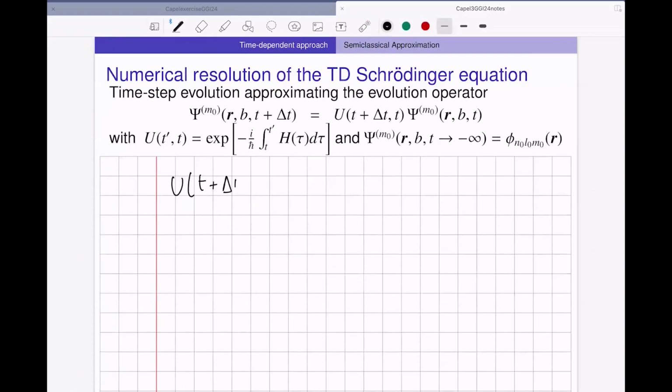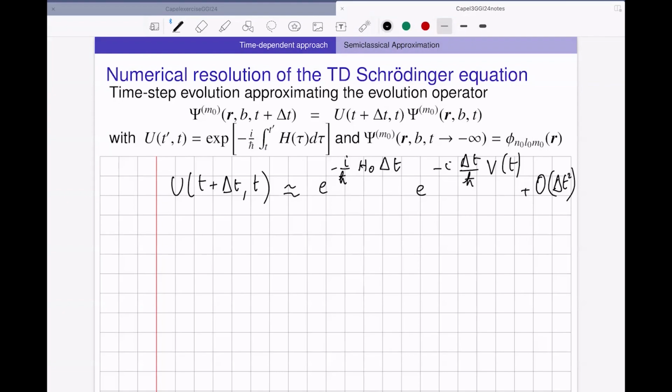And so what you do is you make an approximation, and you say it's the product of two exponentials: e to the minus i over h bar H naught delta t, times e to the power minus i delta t over h bar V of t, and this is of order 2, so it's not an excellent approximation, but it's good enough if delta t is small enough.